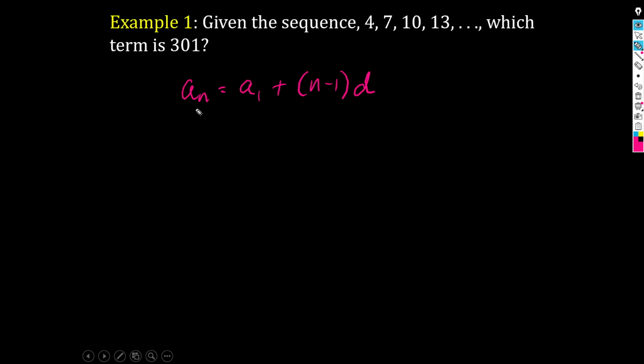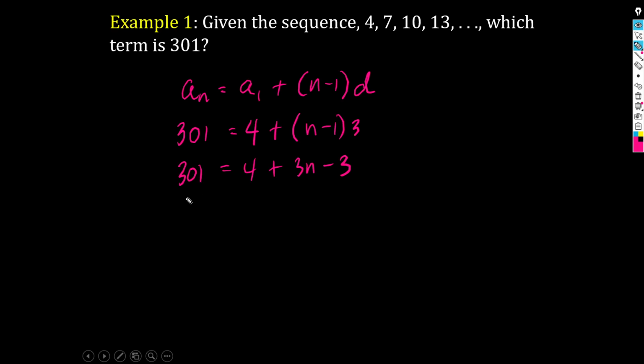Right? So ulit, kilala natin si a sub n, siya si 301. Kilala ko din si a sub 1, siya si 4. Si n minus 1, ang hindi ko alam kung sino, kasi hindi ko alam si n eh. But I know the common difference to be 3. So let's solve for n. It's 301 equals 4 plus 3n minus 3.